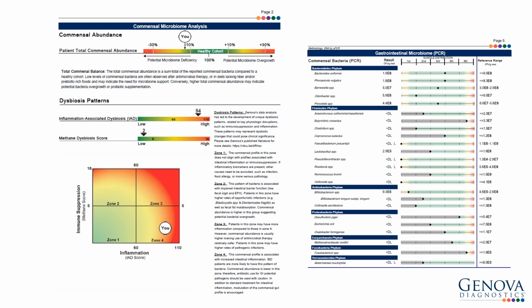We also know from the front of the report that the patient does have potential pathogens, so it's important to keep this in mind. The recommendation here for zone 4 says that in addition to standard treatment for intestinal inflammation, modulation of the commensal gut profile is encouraged. We can talk about that more in a later section.